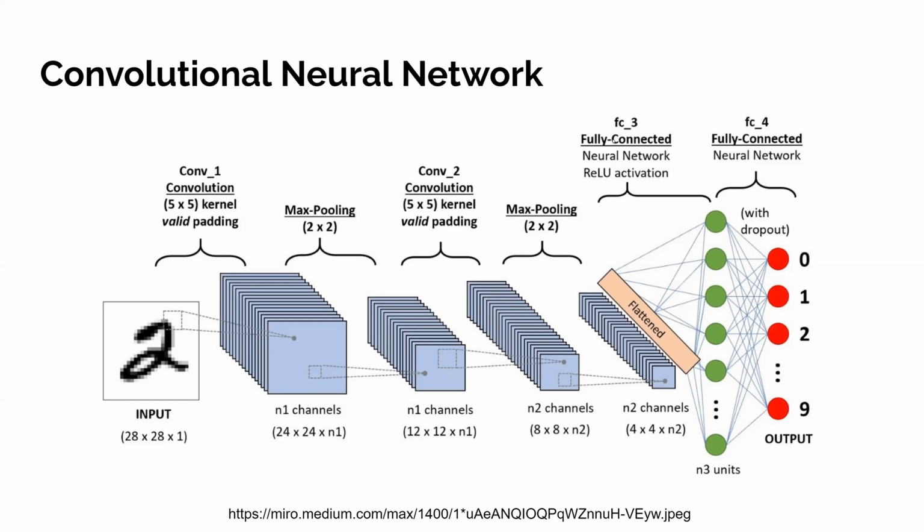I'd say there are two big parts of it. The first part is the convolution and the max pooling layers. This part is focused on extracting the key features of the image, and that is what makes this unique as well.